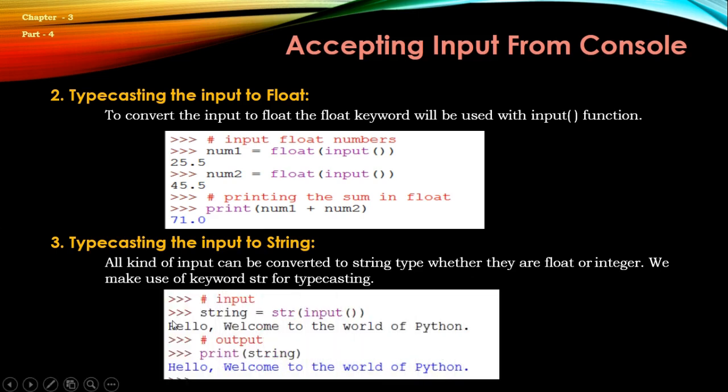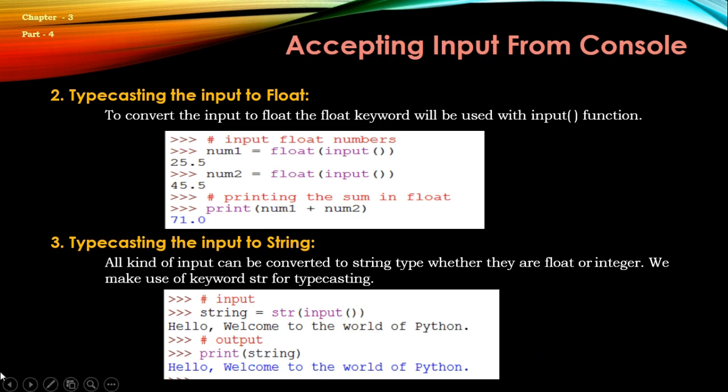For a string, I don't want any other input, I want the string. By default, it takes the string only. But sometimes we have taken a value, or we have converted the value into integer or float, and then we want that value as a string. In such a case, we can use the str function.